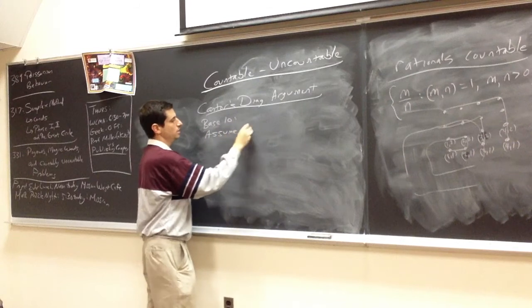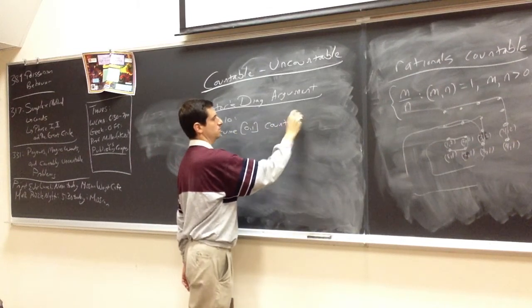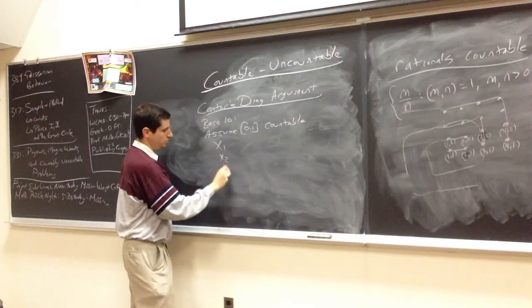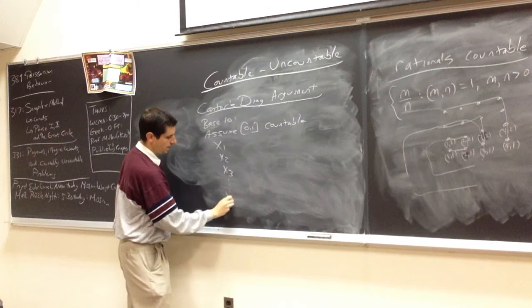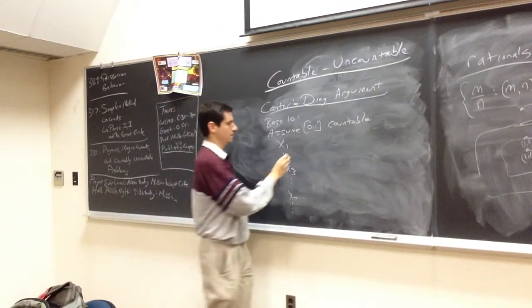Assume (0, 1) is countable. So we can enumerate the numbers x1, x2, x3, ..., xn, ... And we'll write each of these numbers in base 10.